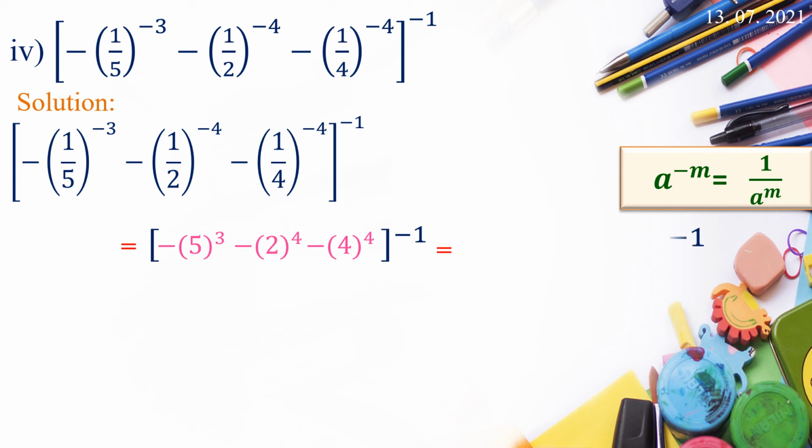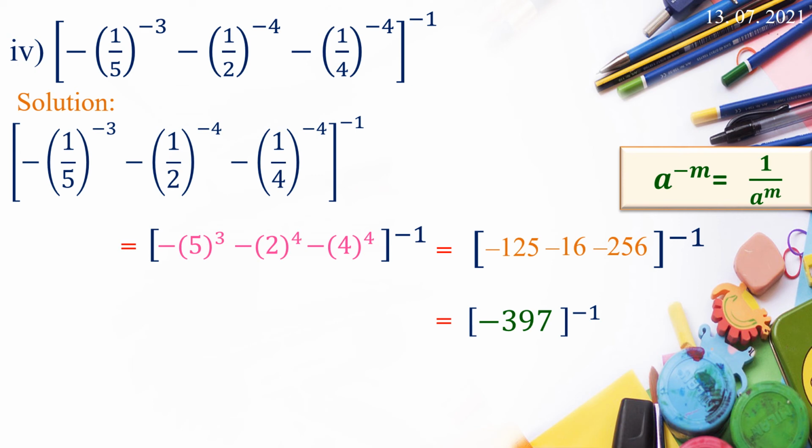So the sum becomes (minus 125, as minus symbol is followed by every term, minus 125 minus 16 minus 256) whole power minus 1. Inside the bracket we have 3 terms having the same sign, so we can add the terms and adding we get (minus 397) whole to the power minus 1.